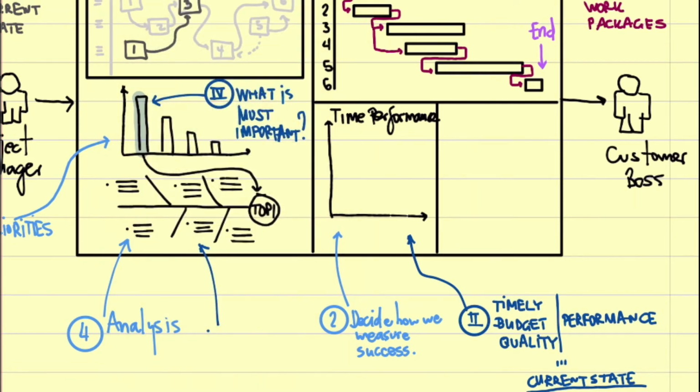Here we want to make sure that things go well. And we want to ask why is our top 1 priority a problem?